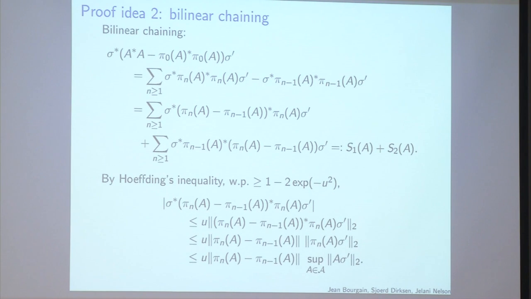Then we split these two parts. I estimate out the operator norm of the transpose of pi n minus 1, and I'm left with this part here. Now I'm going to estimate the second part trivially, by taking the sup over all possible matrices in my original set.